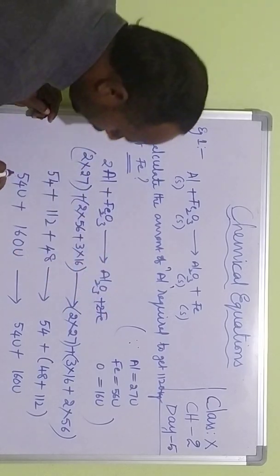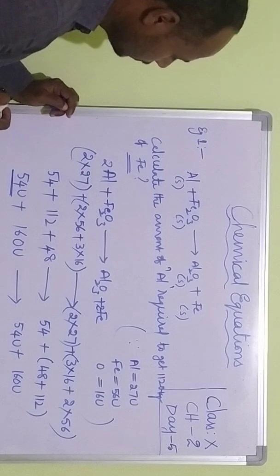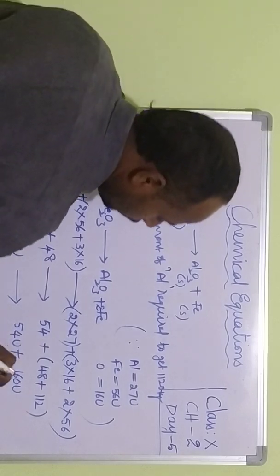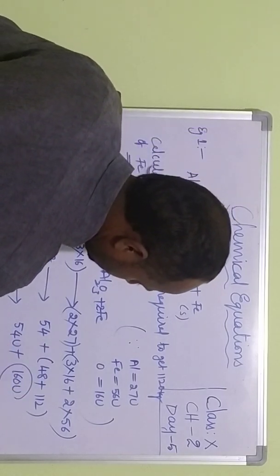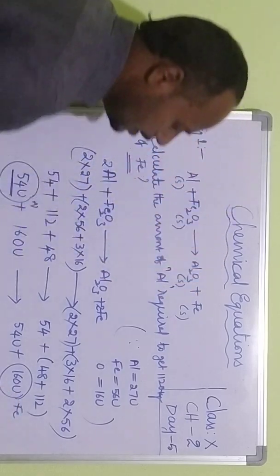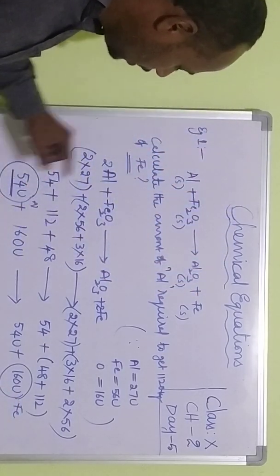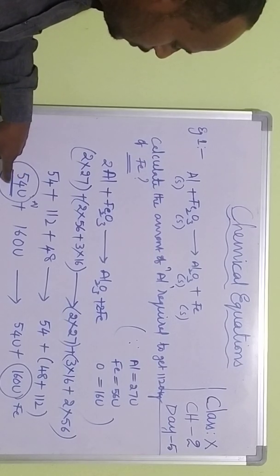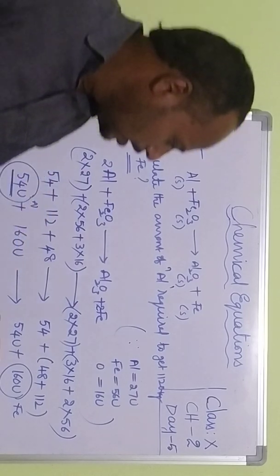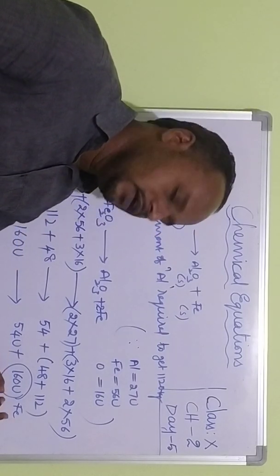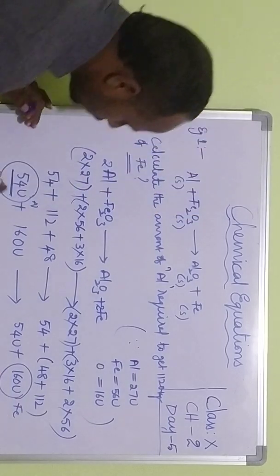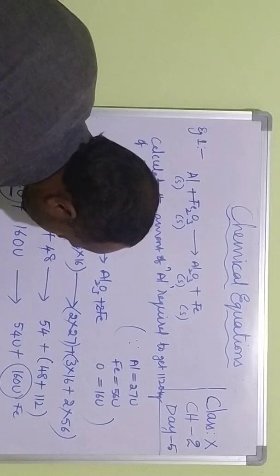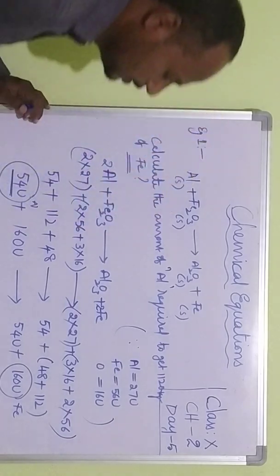Here, 54 units of aluminium participate in the chemical reaction and give 160 units of iron as a product. That means 54 grams of aluminium gives 160 grams of iron, isn't it?